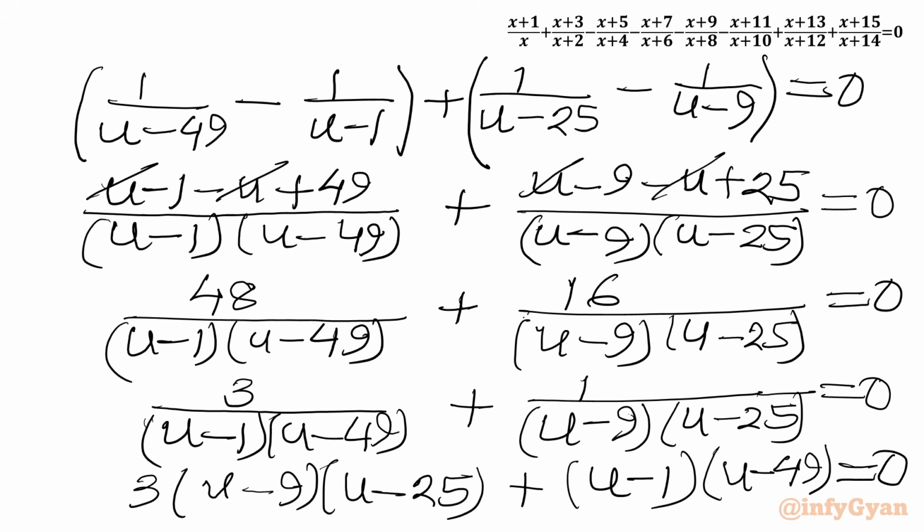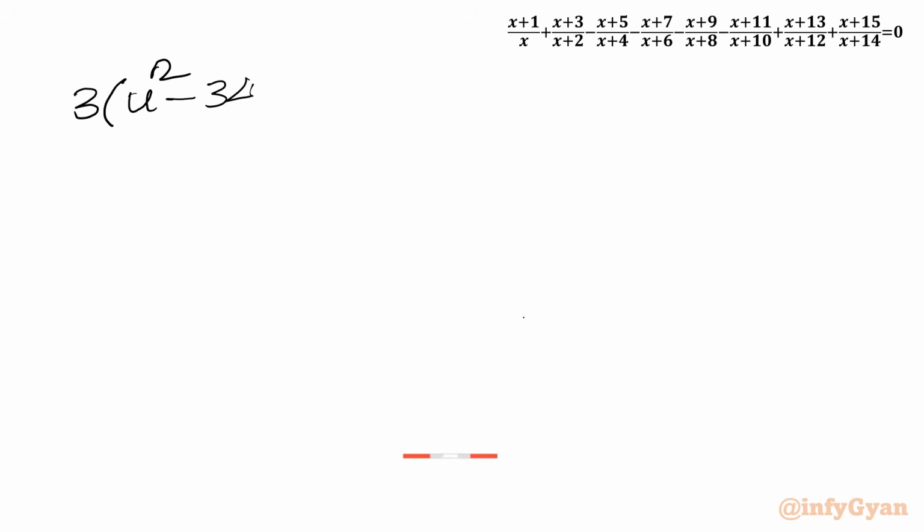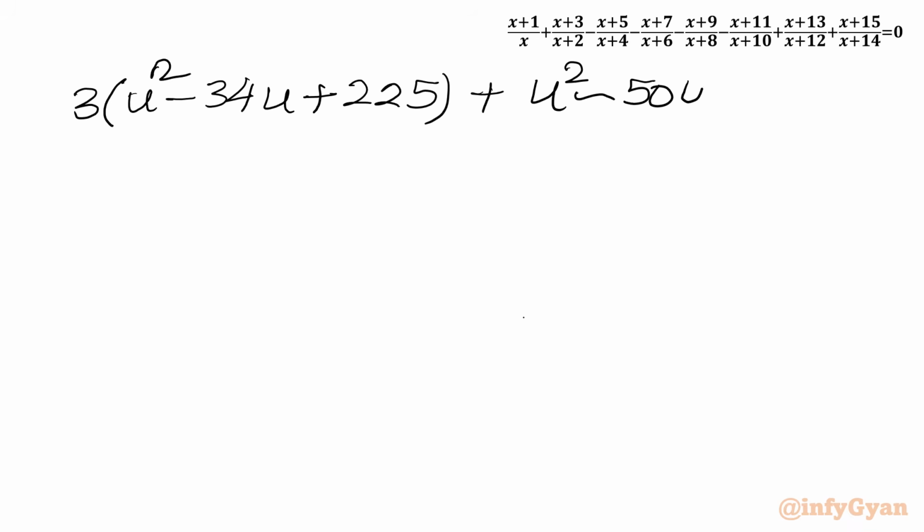Now we have to simplify the left hand side. So I will write here 3 times, in the bracket, we will get u square minus 34u plus 225, plus u square minus 50u plus 49 equal to 0.